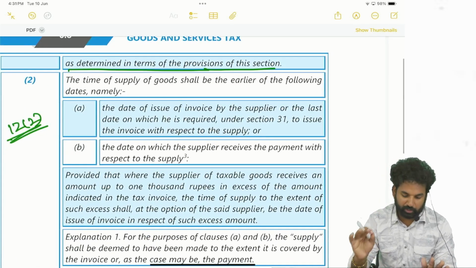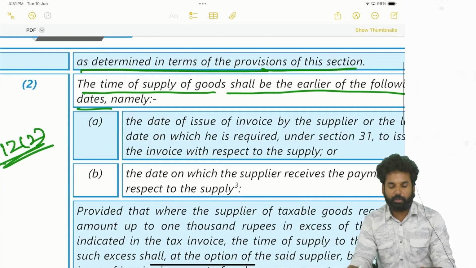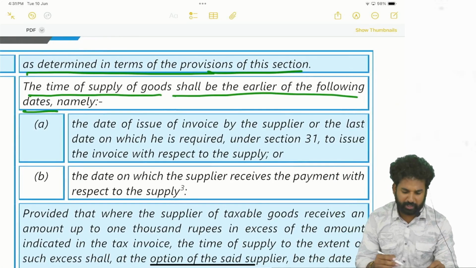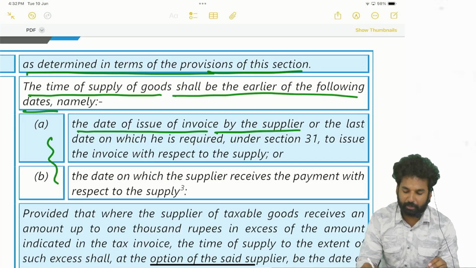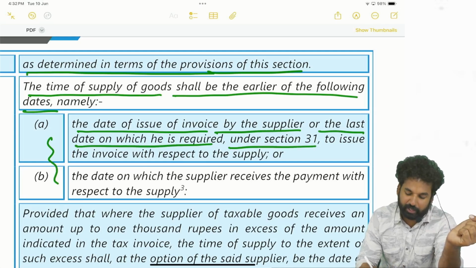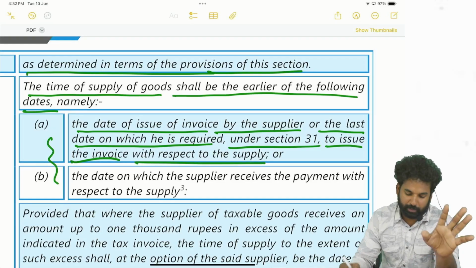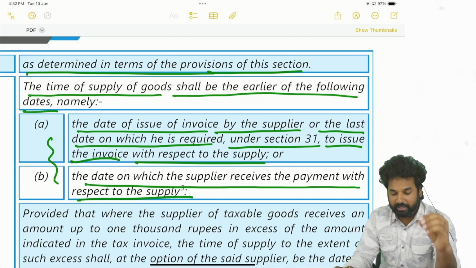Here the provision is that the time of supply of goods shall be the earlier of the following dates, whichever is earlier: the date of issue of invoice by the supplier, or the last date on which he is required under section 31 to issue the invoice with respect to the supply, or the date on which the supplier receives the payment with respect to the supply.